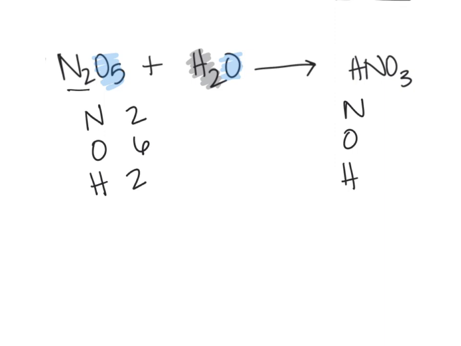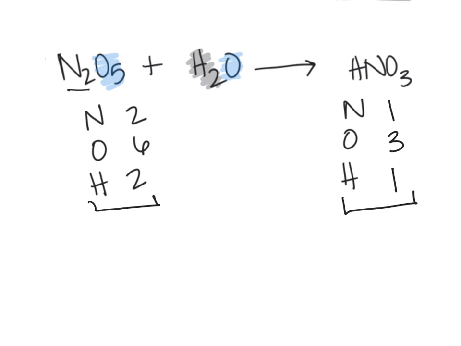So if we analyze the right side of the equation, we have a single hydrogen, we have 3 oxygens, and we have 1 nitrogen. So as we look at this, our first idea is that these 2 sides are unbalanced. So we need to figure out how do we adjust both components.